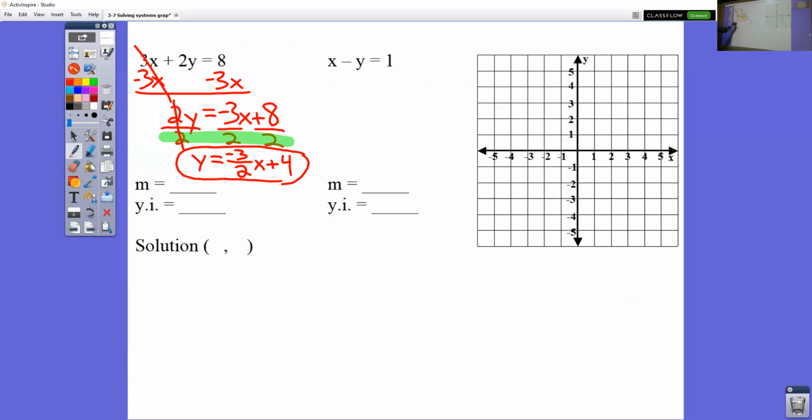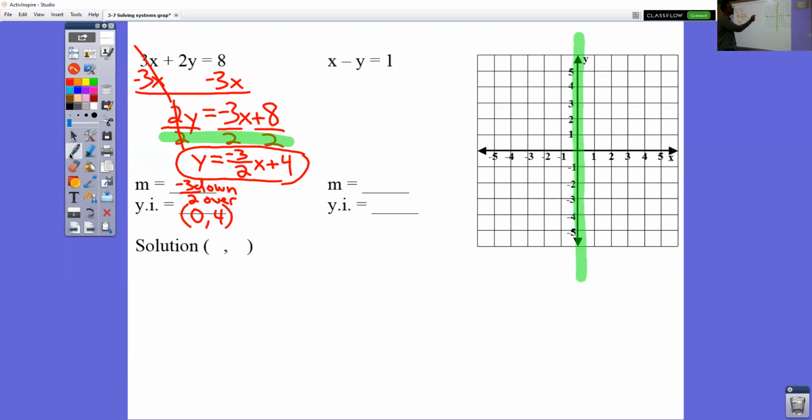My slope is my number in front of my x. So my slope is negative 3 over 2. That really means down 3 over 2. My y-intercept is 0, comma 4. When I go to graph it, remember that first dot always has to be somewhere on the y-axis.